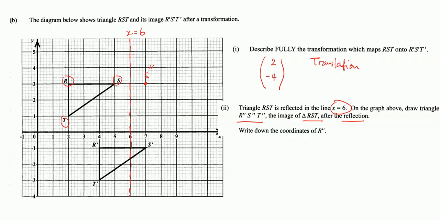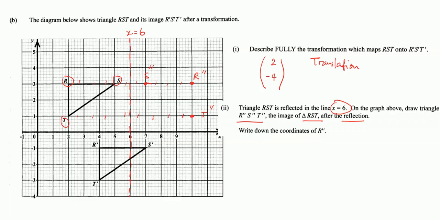So R is 1, 2, 3, 4, so we go 1, 2, 3, 4. So therefore this here should be R double prime. And T is 4 units in front of the mirror line, so there should be 4 units behind the mirror line. So this represents T double prime.